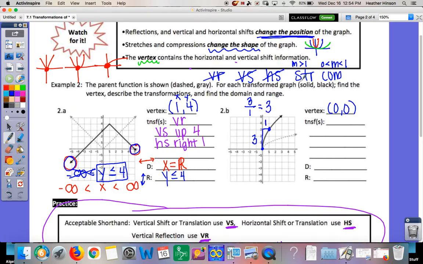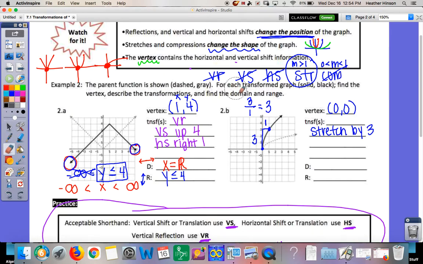So is that a stretch or compress? Well, it's greater than 1, so that's going to be a stretch. So it's going to stretch by 3. And then because it's greater than 1, it's not a compress. So that's everything. Only one transformation.